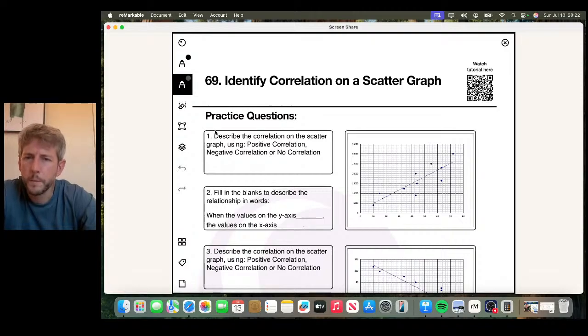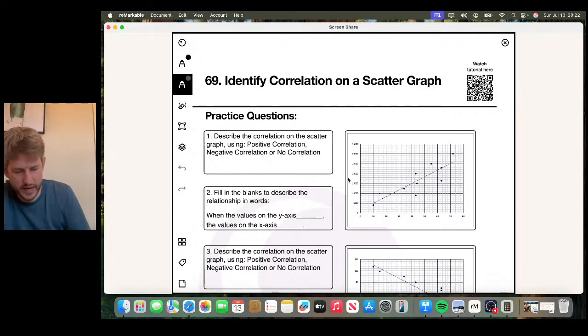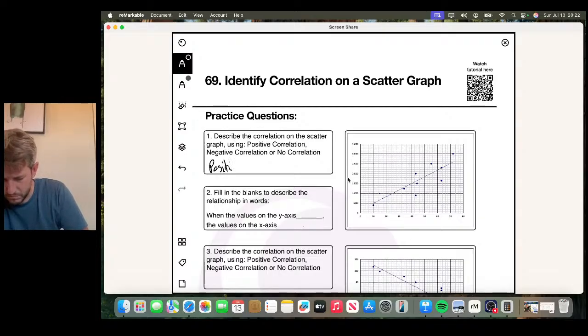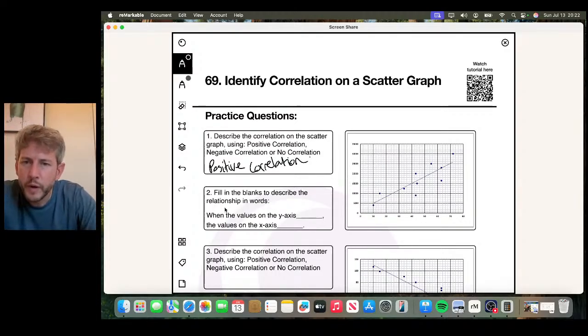Right, 1. Describe the correlation on the scatter graph using positive correlation, negative correlation, or no correlation. I would say positive. Fill in the blanks to describe the relationship in words.